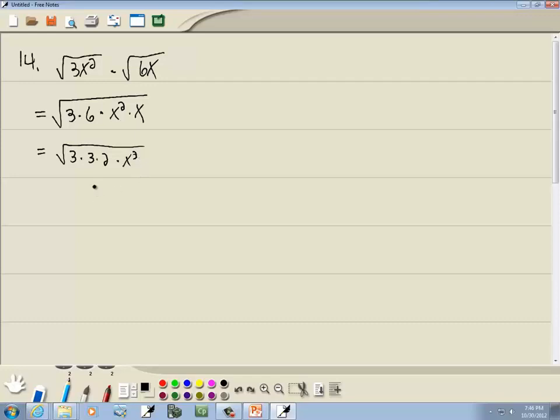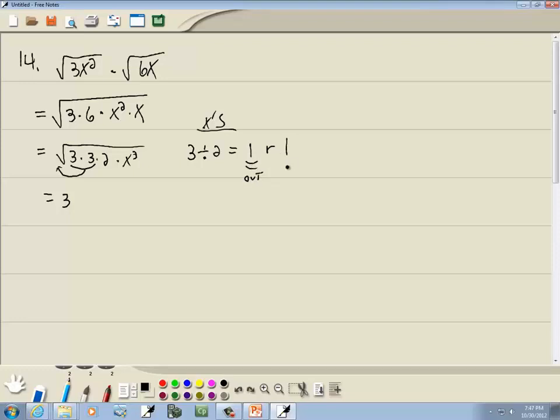Now remember, we're looking for a pair of somethings. Here's a pair of 3's. Those are going to come out in front as a single 3. Now the x to the third. Let's talk about the x's. Again, we'll take our power, which is 3, and divide by your index. And this is a square root, so again it's 2. And this is old style division. 3 divided by 2 is 1 with remainder of 1.